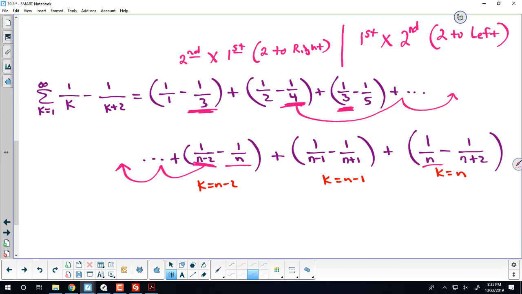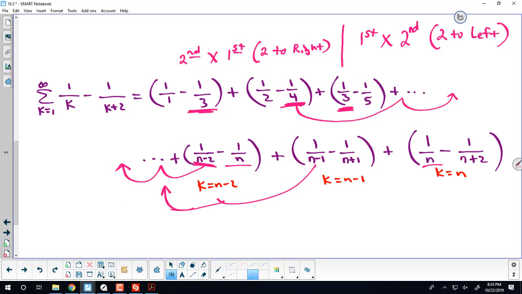1 over n minus 1. This one again is the first. It's canceling with the one 2 to the left, so it's not canceling with that one, but with this one over here. Right there. Yes.